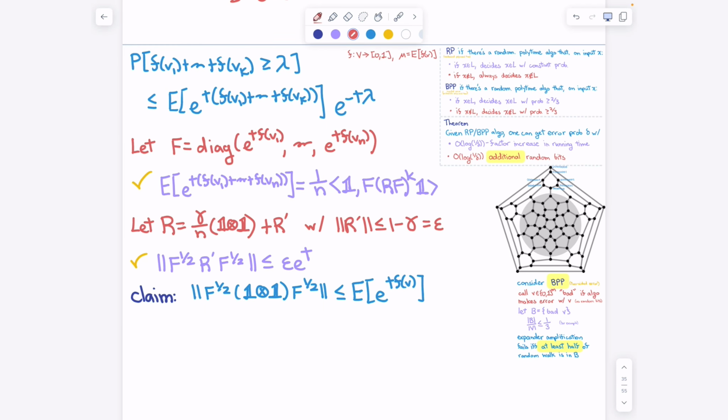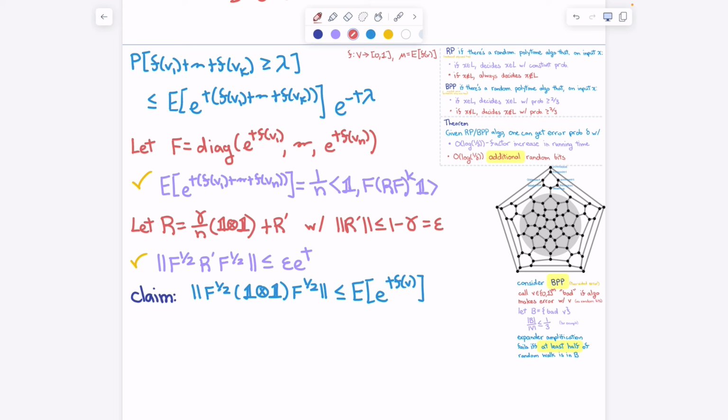All right, and now here's the next claim. Let's parse this slowly. So this is a matrix: a diagonal matrix of the square roots of the exponentiated coin values, times the all ones matrix, times the exponentiated coins.